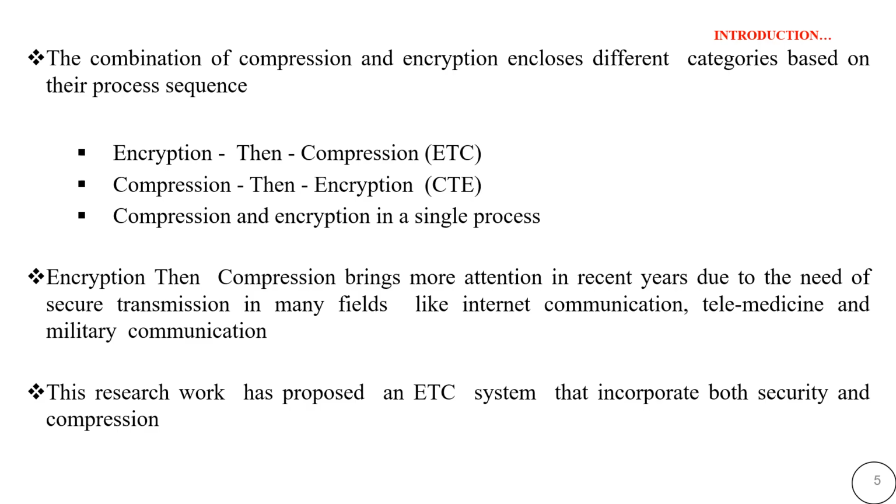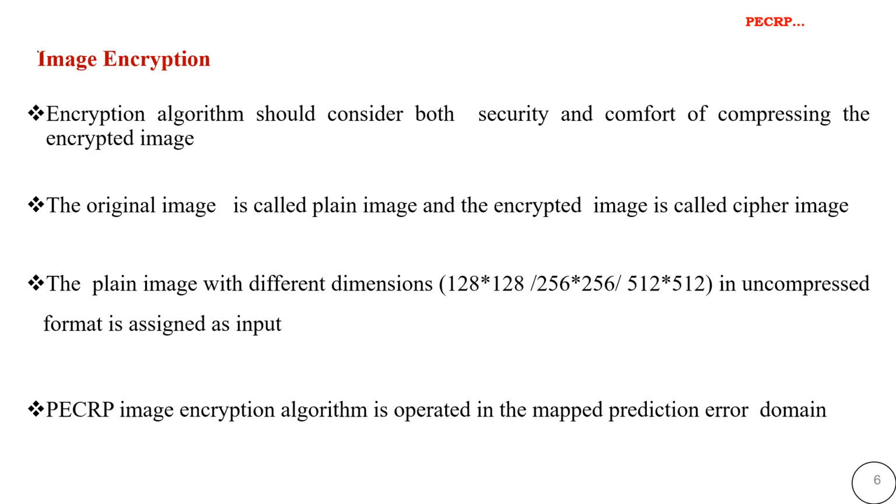Chaotic encryption with wavelet compression achieved a reasonable level of compression and security with large computation time. An ETC system with arithmetic and Huffman compression with PECRP encryption resulted in good compression, but it provides less security.